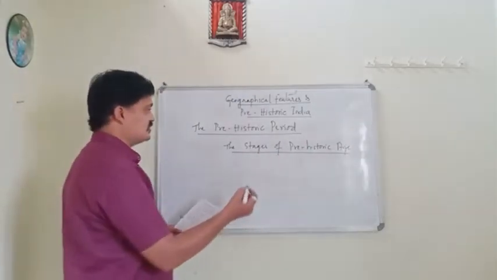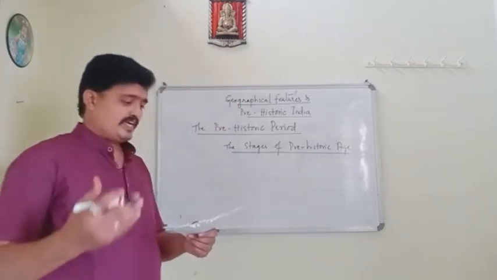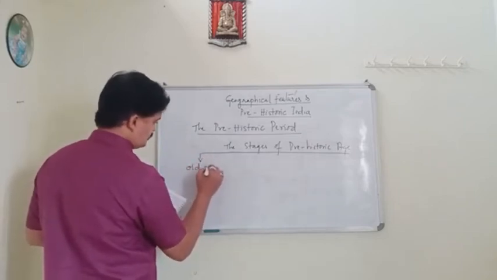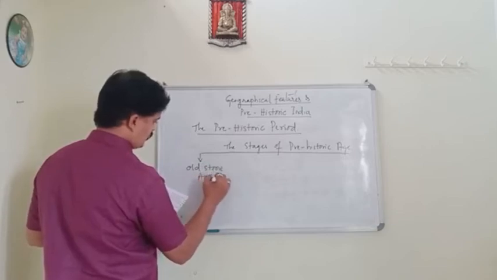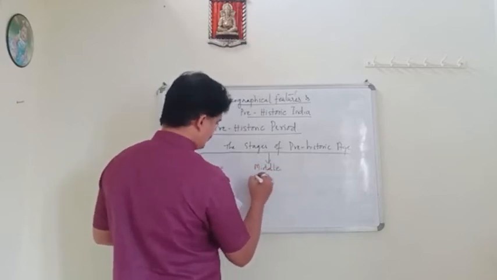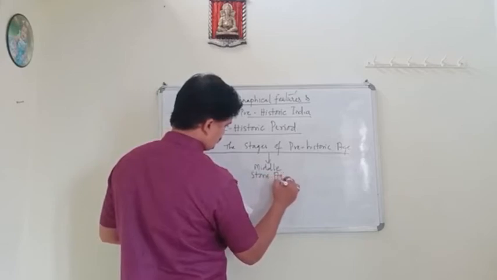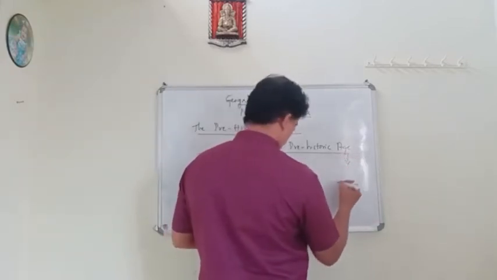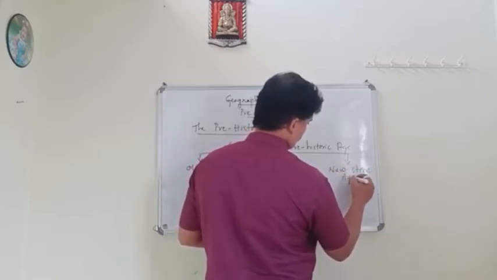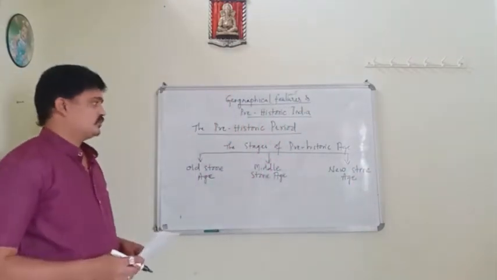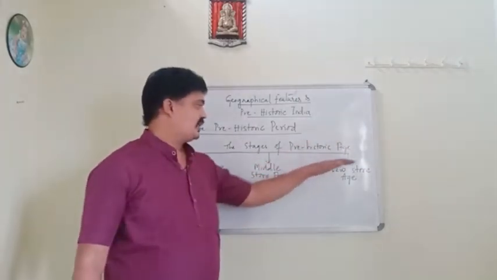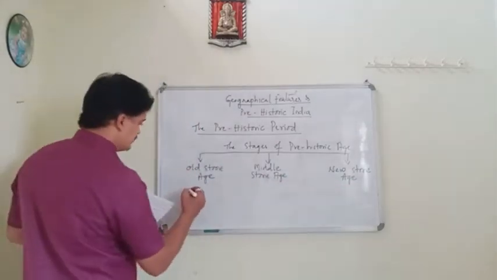When we come to the stages of the prehistoric age, it is classified into three categories: Old Stone Age, Middle Stone Age, and New Stone Age.